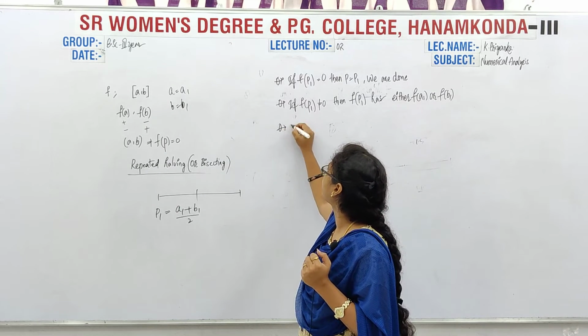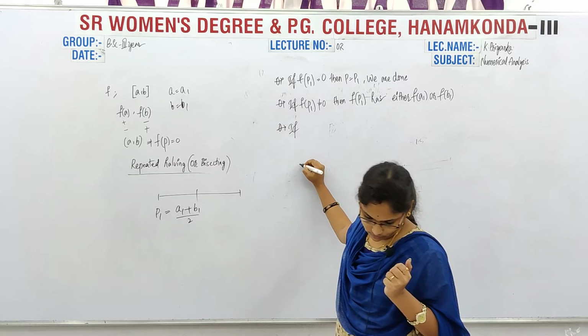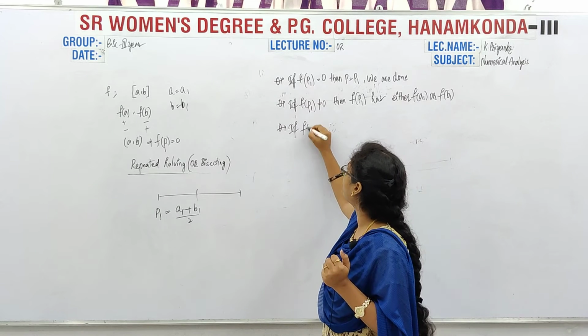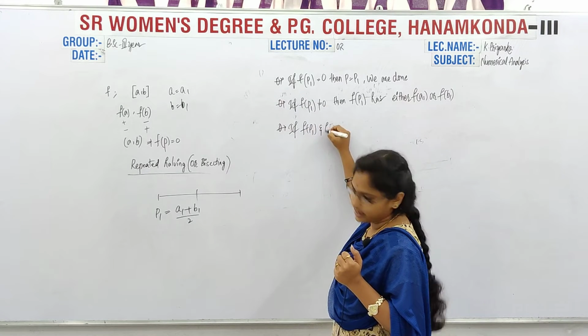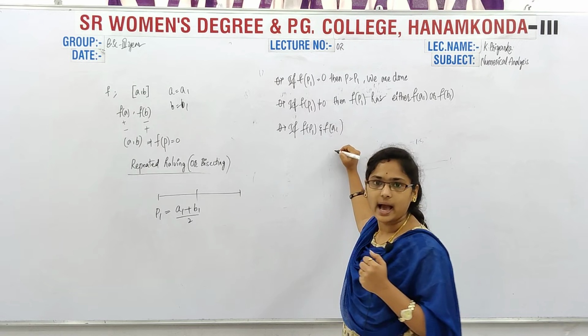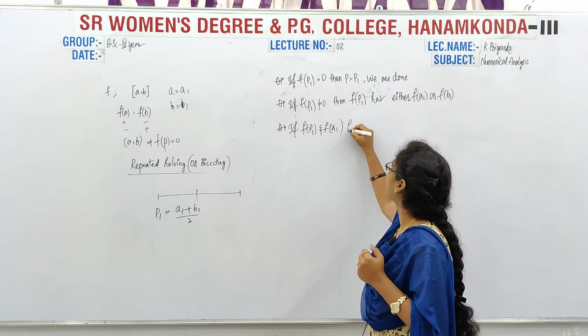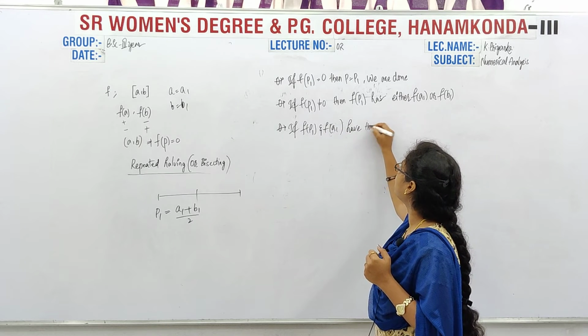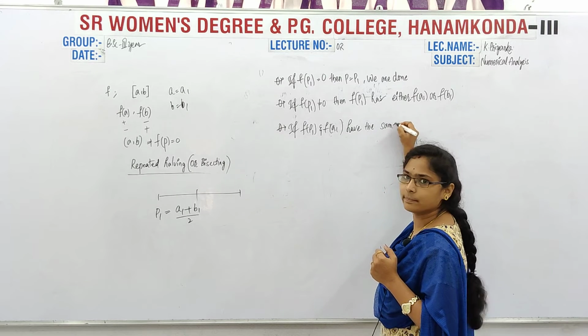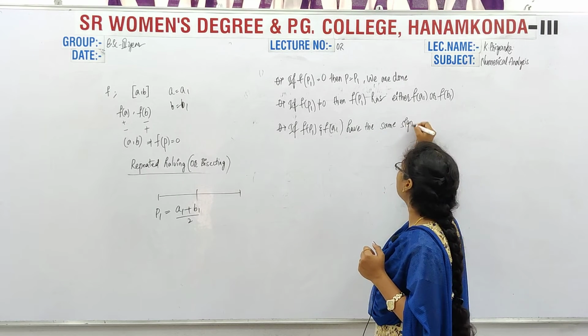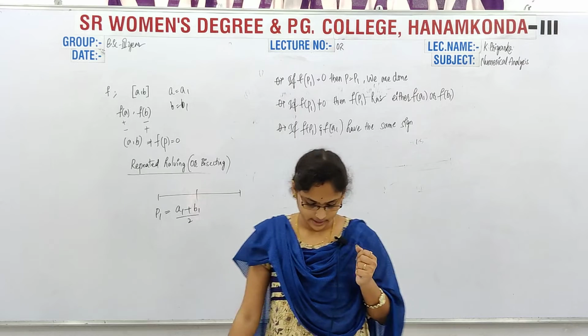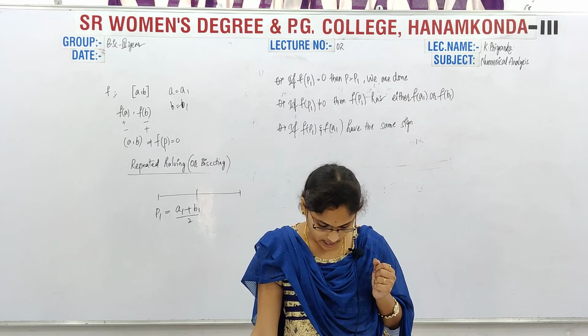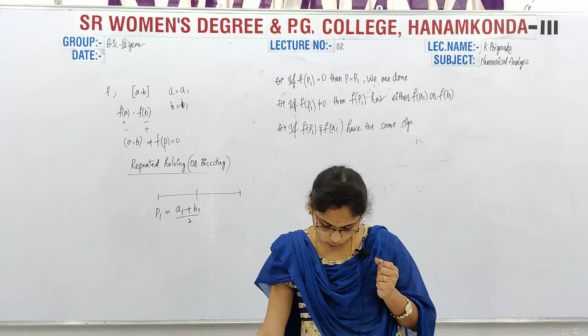Next point, if f of P1 and f of A1 have the same sign, then P belongs to P1 comma B1.